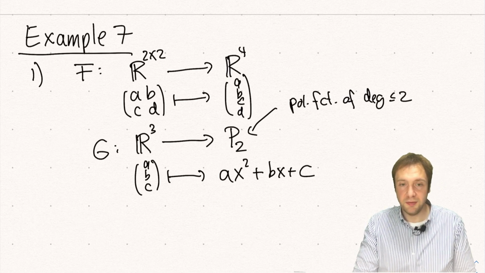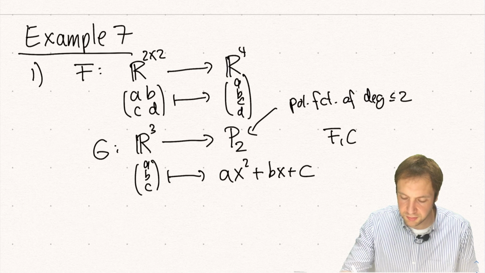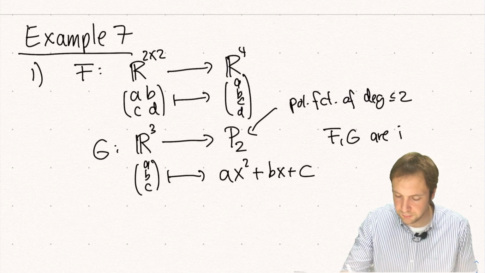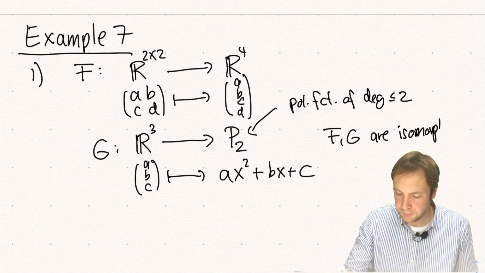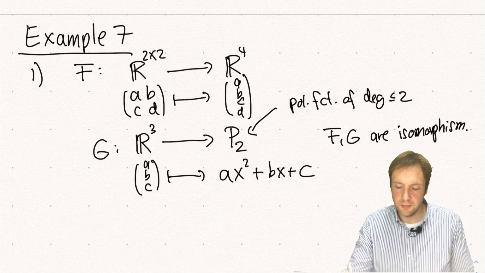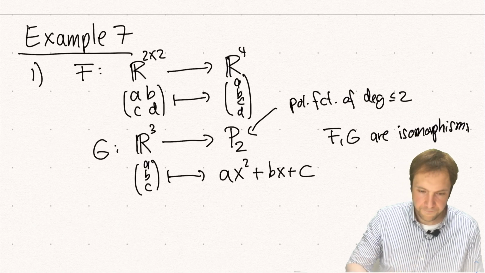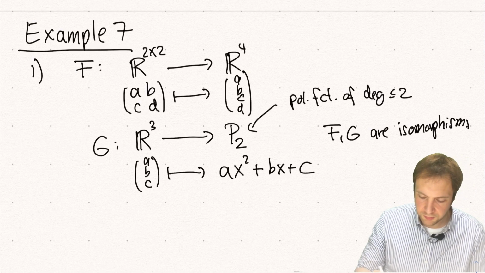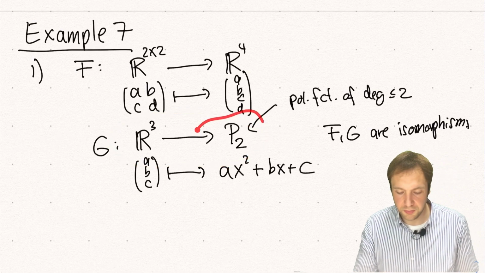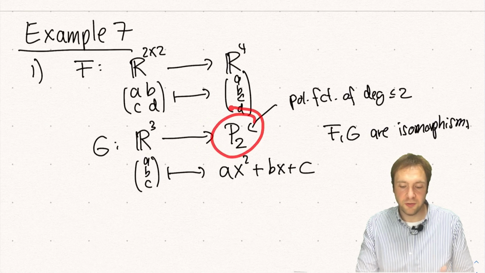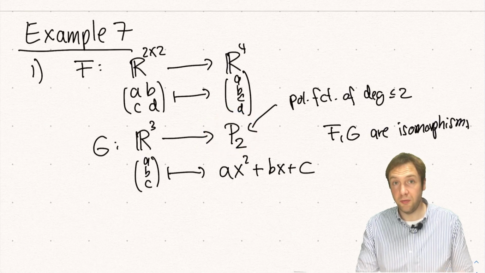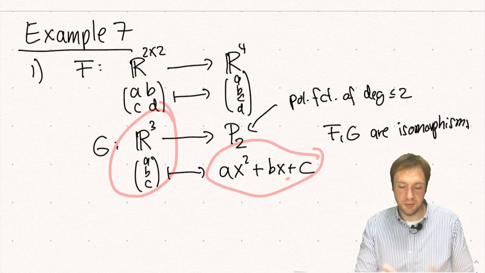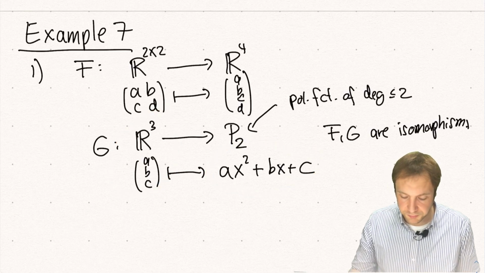And here you can check that these two are isomorphisms. So these spaces are all isomorphic. From the point of view of vector spaces, if you talk about polynomial functions of degree smaller or equal to 2, then it's the same as talking about vectors of size 3.